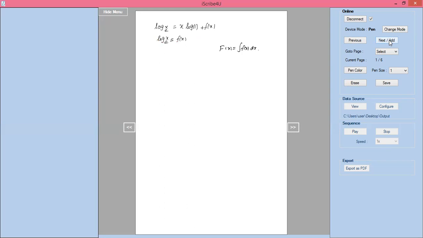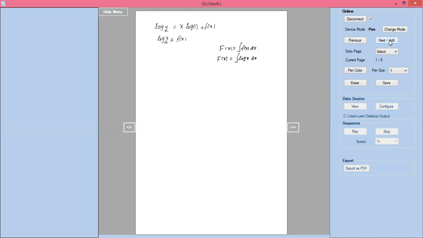Capital F of x is nothing but the integration of small f of x into dx. Now if you use this, you will get the integration of log x into dx.